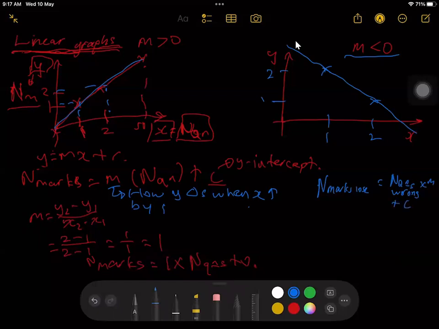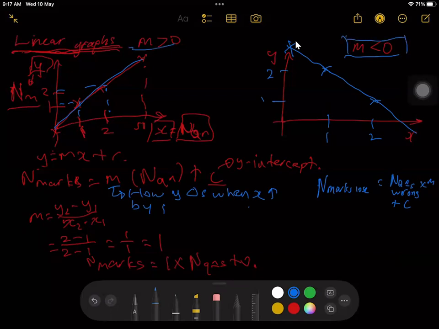As you can see here, when there are no questions being done, for some reason, this student has negative marks already. Maybe this is due to a presentation error or something that happened. So these are the effects of m greater than 0 and m smaller than 0.